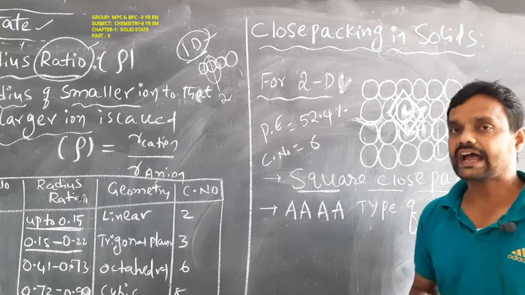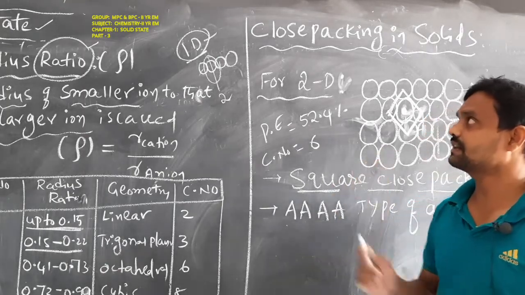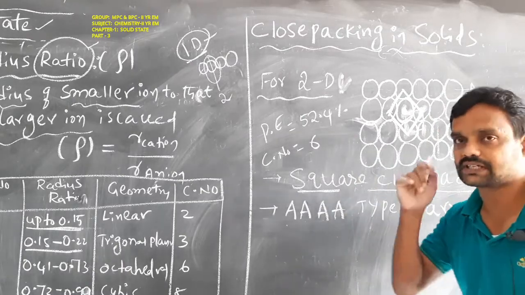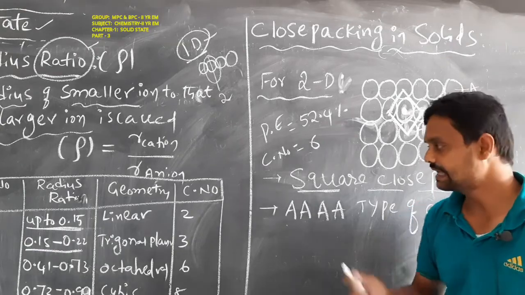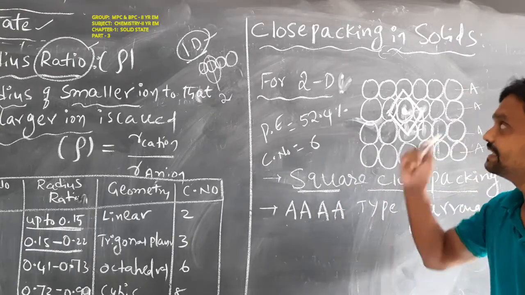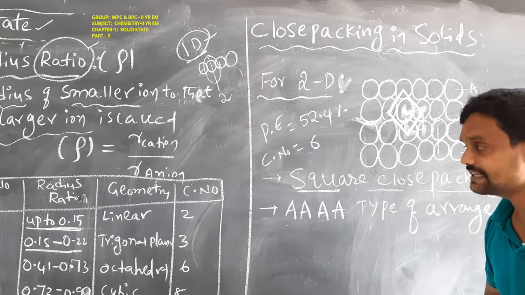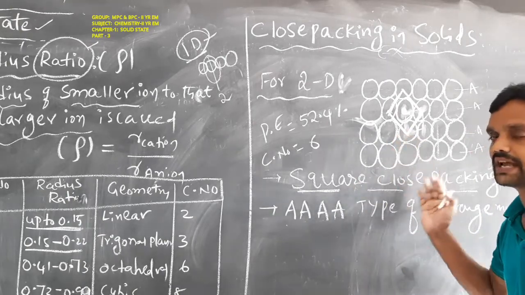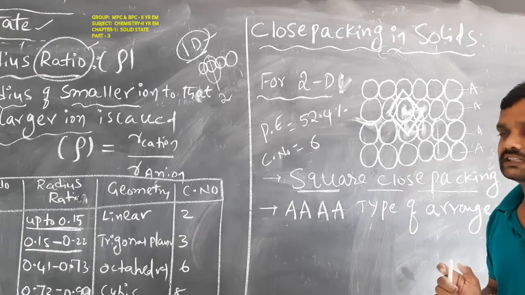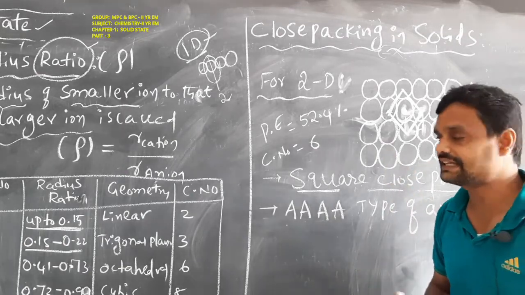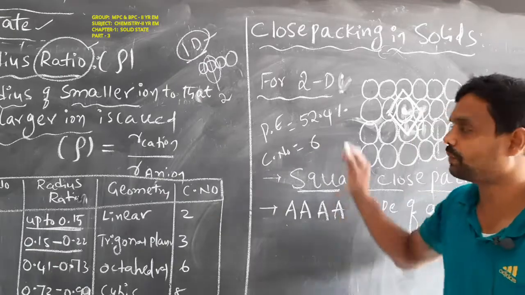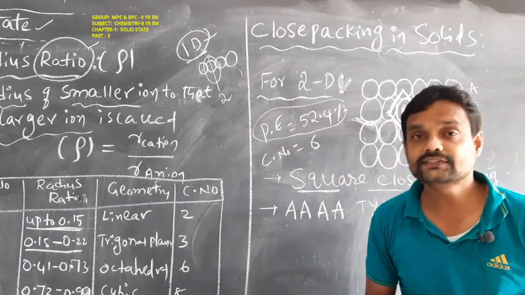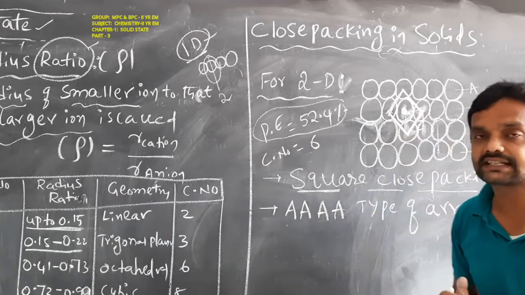Clear? When the atoms in a solid are arranged in square close packing in two dimensions like this model, the packing efficiency is 52.4%.